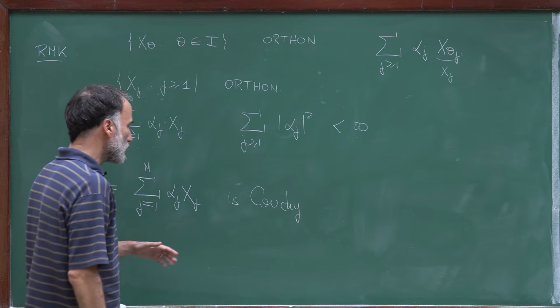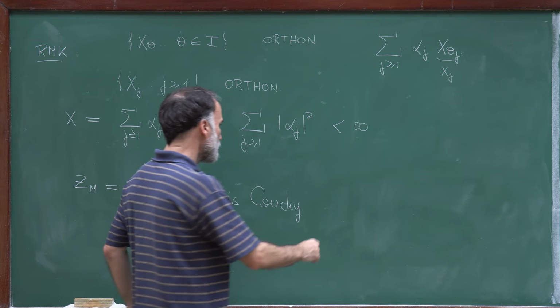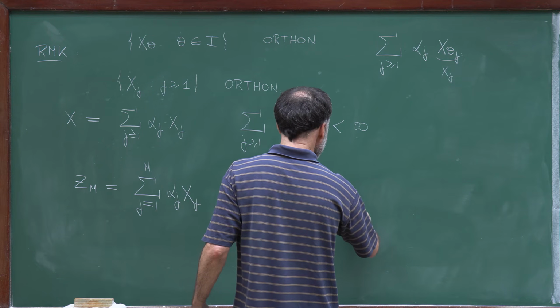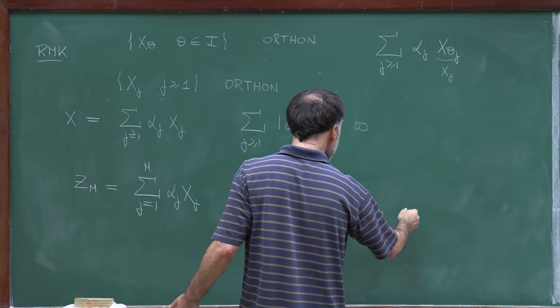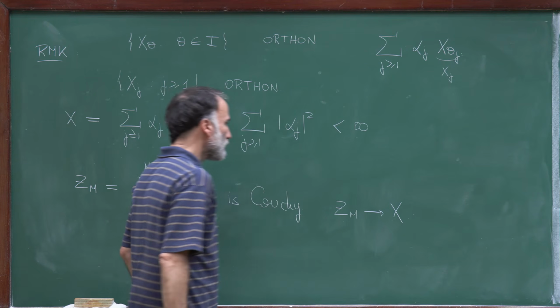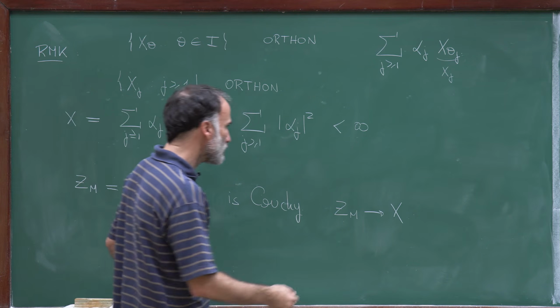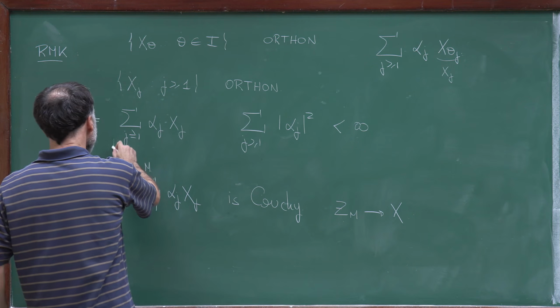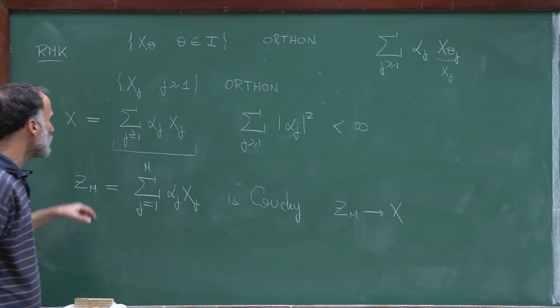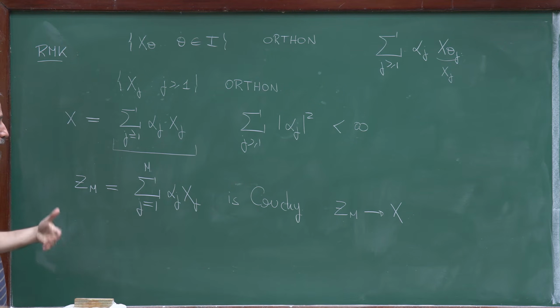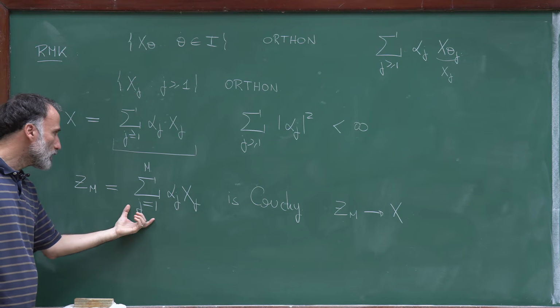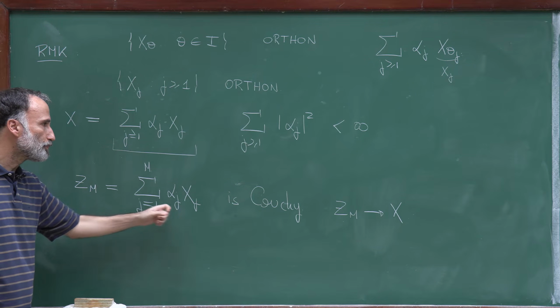And once I prove that it's Cauchy, I know that it converges. Zm converges to some element x, and this element x will be represented by this sum. So when I write this sum, I mean the limit of this Cauchy sequence.